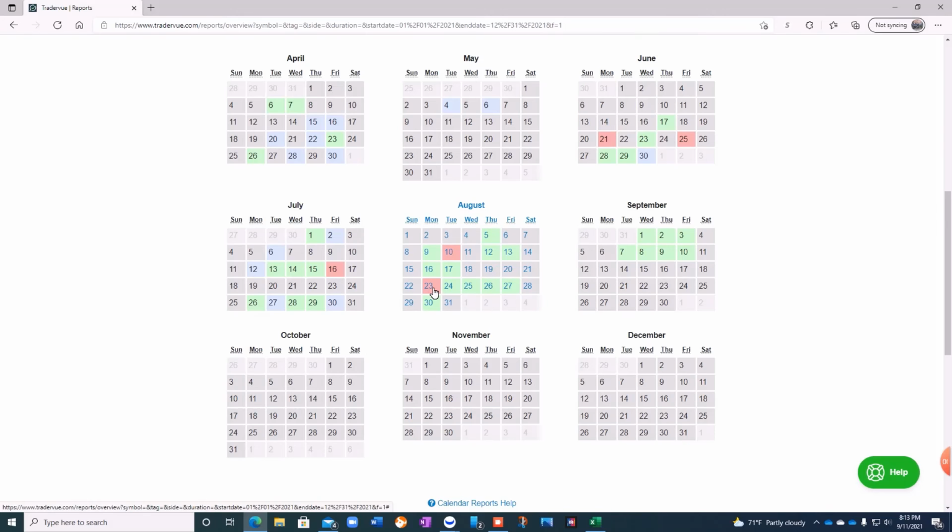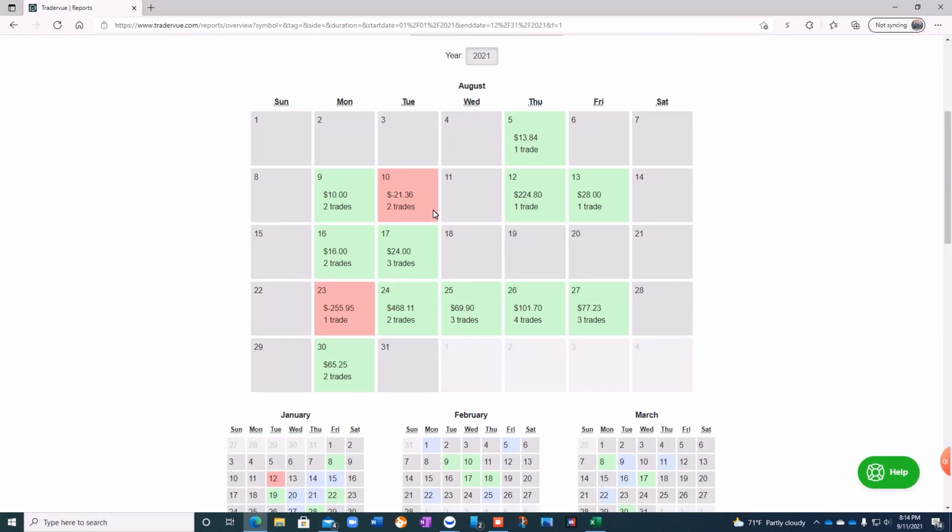So I started trading again here this week. These are day trades. This is when I started day trading, really day trading, and this day here was the end of my swing trading.